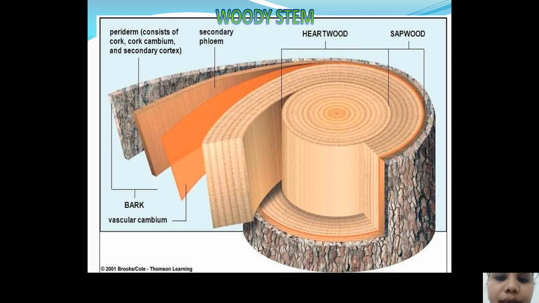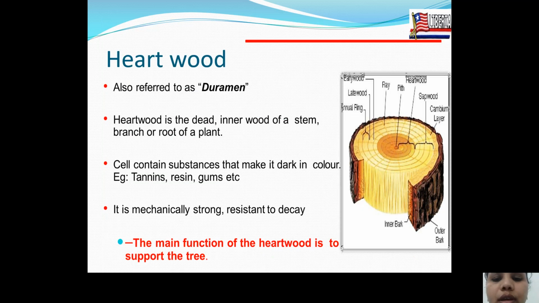Here you can clearly see how a woody stem looks, starting with periderm and secondary phloem, vascular cambium, sapwood, and heartwood. Let's look into the heartwood. Heartwood is also referred to as duramen.